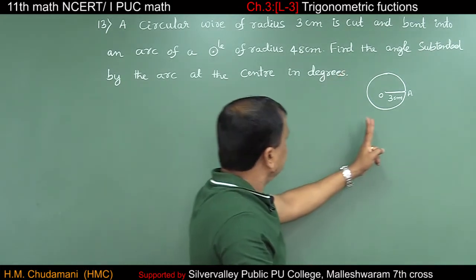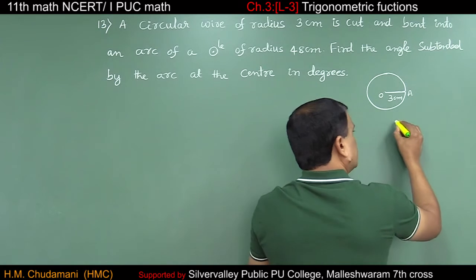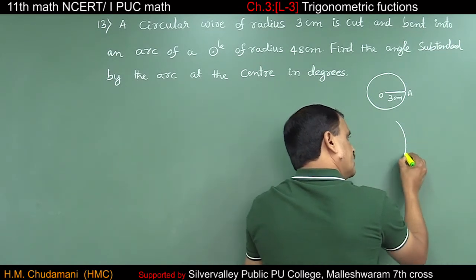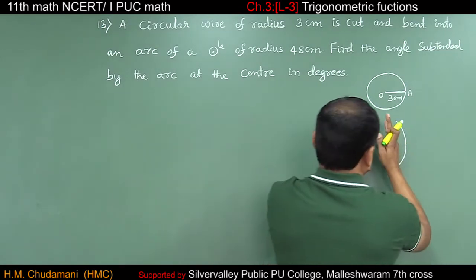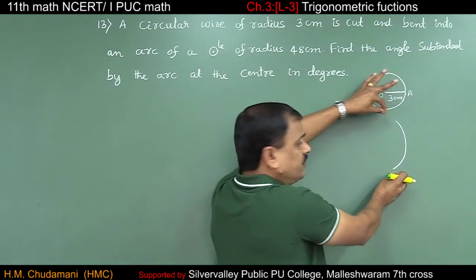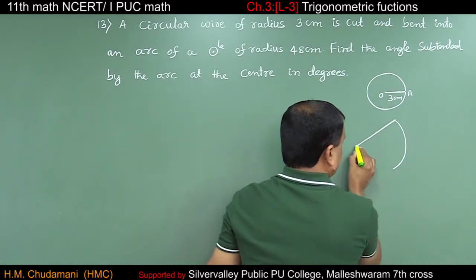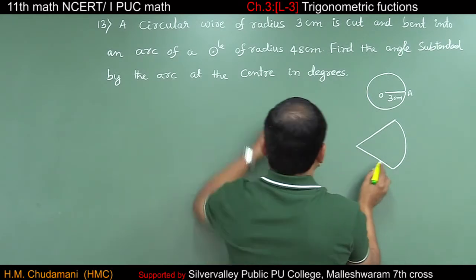This is cut somewhere here and bent into an arc of a circle. This is an arc of a circle of radius 48.